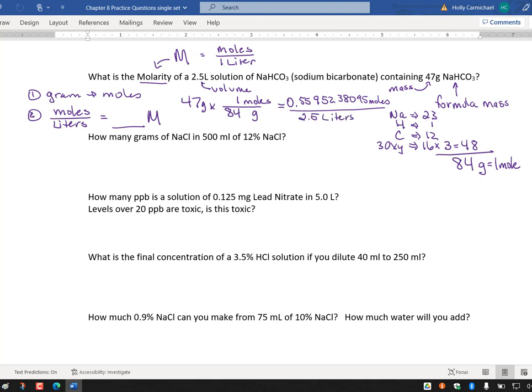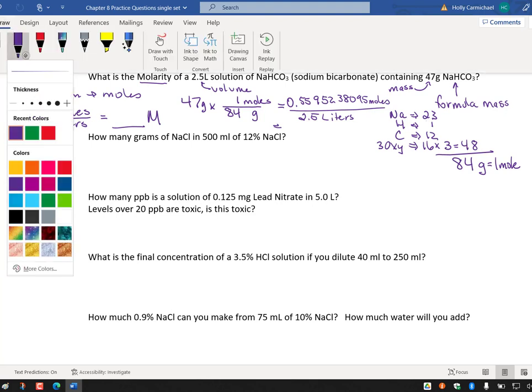Because molar is moles per liter. So I'm going to take this number and divide it by 2.5 without doing any rounding until I get to the end. And this answer comes out as 0.2238095238.